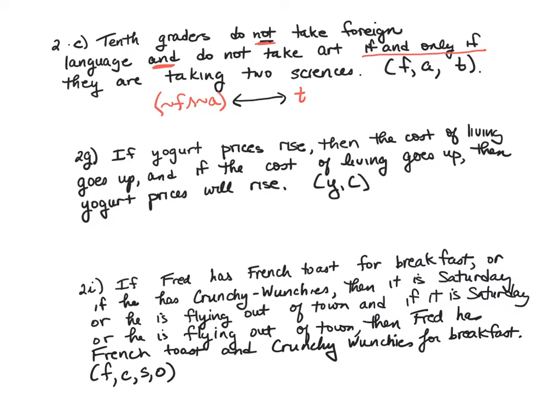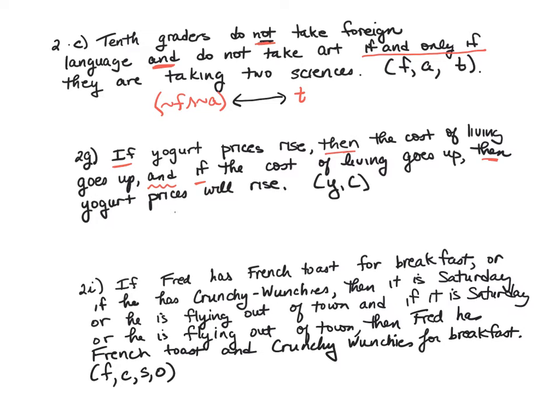All right, sometimes the biconditional doesn't have if and only if, and it's in the form of a conditional, the conjunction of a conditional and its converse, like in 2G. If yogurt prices rise, then the cost of living goes up. And if the cost of living goes up, then yogurt prices will rise. So clearly we have the conjunction of a conditional and its converse.